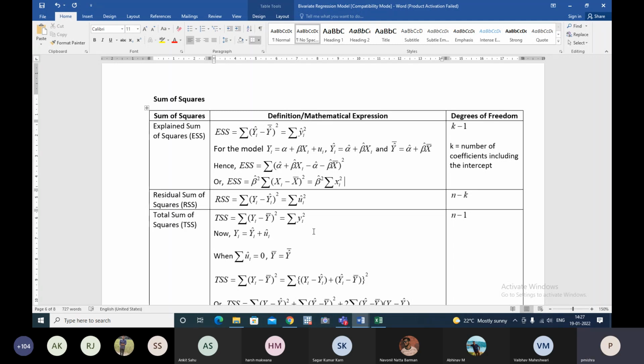Now this unexplained part may be because of various reasons. It may be because of exclusion of some variables. It may be because of a wrong functional form that I have picked up. So there may be various reasons.